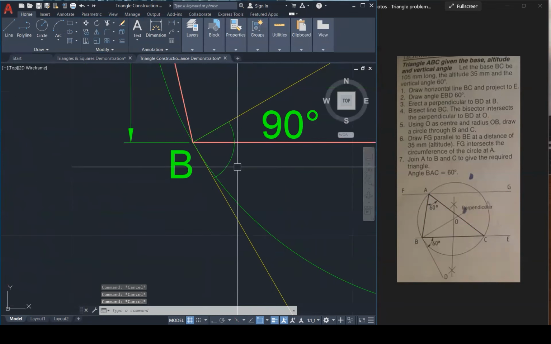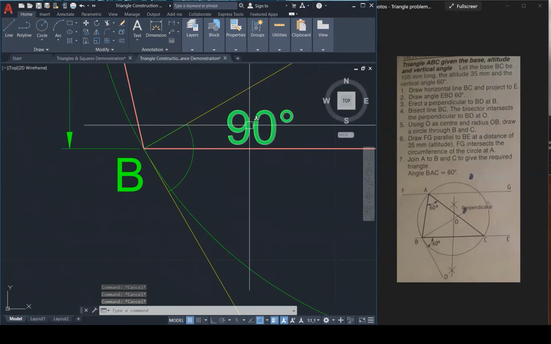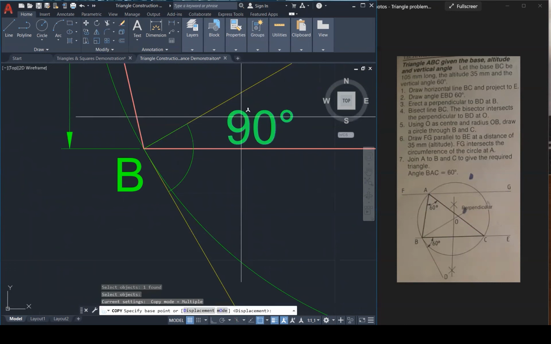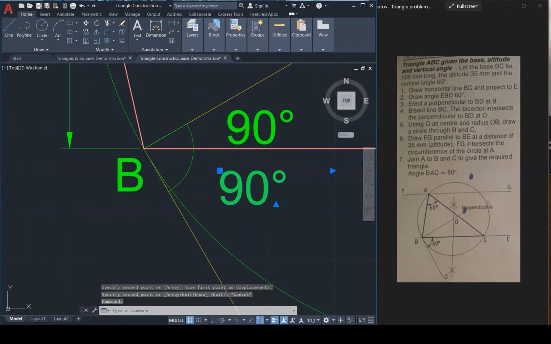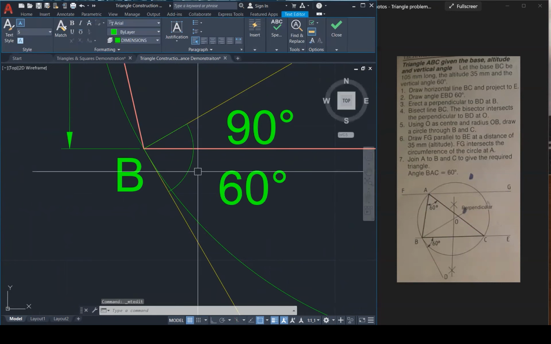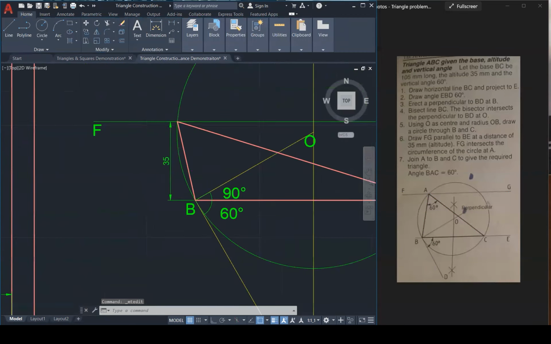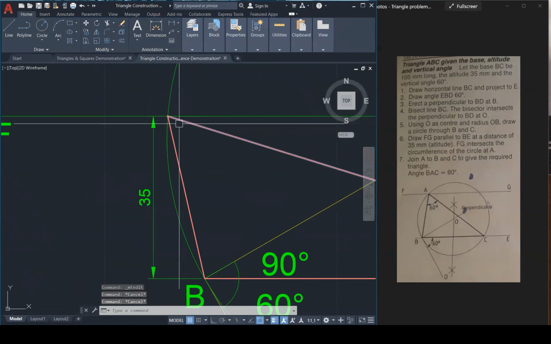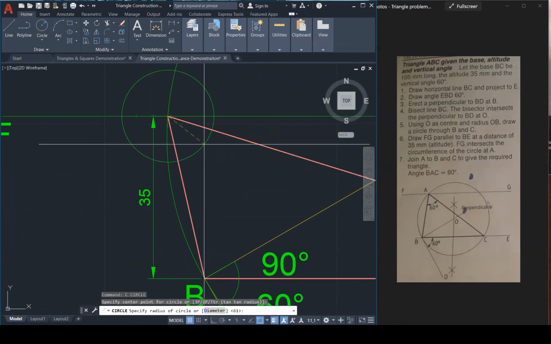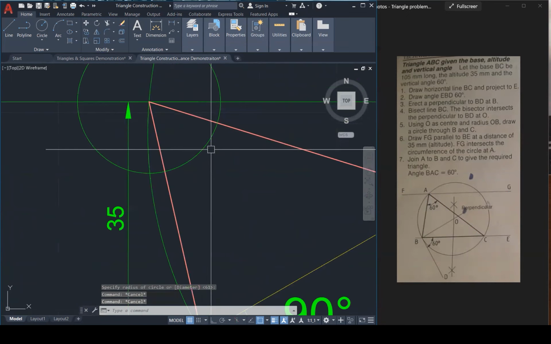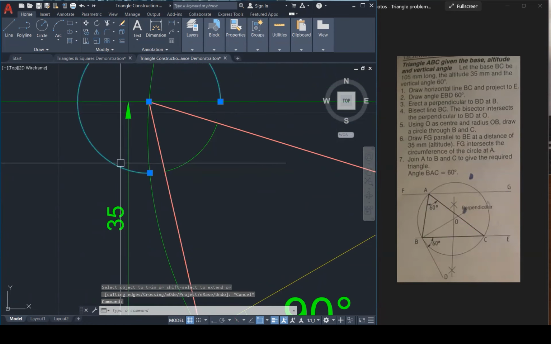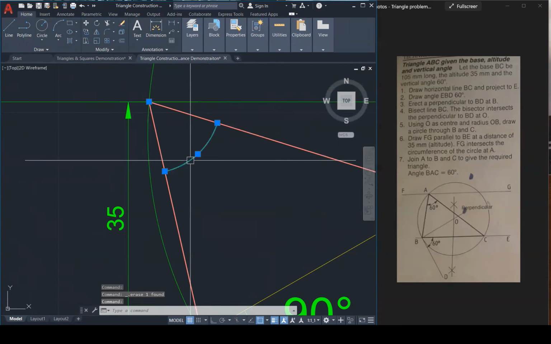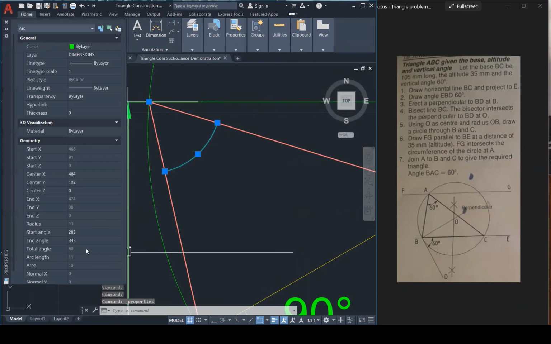But the angle in here is supposed to be 60 degrees. So let's put that down here. That's 60 degrees, right? And they're saying the angle here has to be 60 degrees. So let's open this now and check this angle. Total angle, 60 degrees.